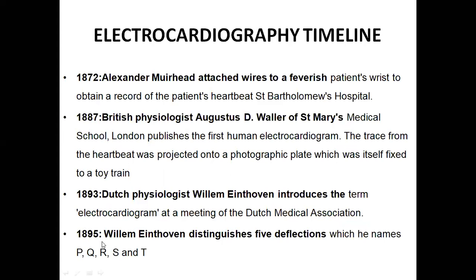From 1895, William Einthoven introduced the proper ECG setup, and he also researched the 5 deflections of the heart function in the ECG. They are named P, Q, R, S and T.